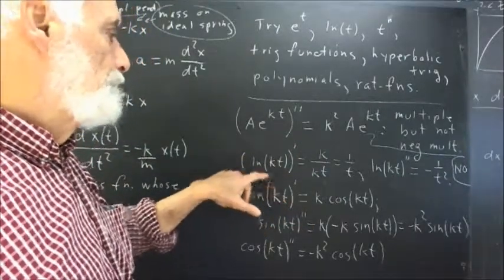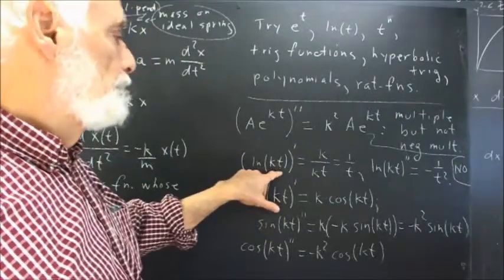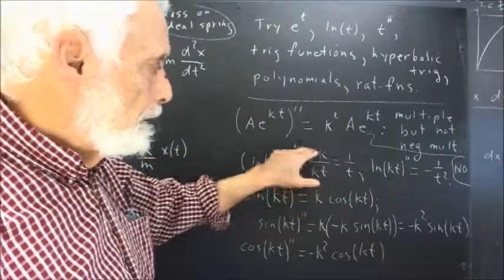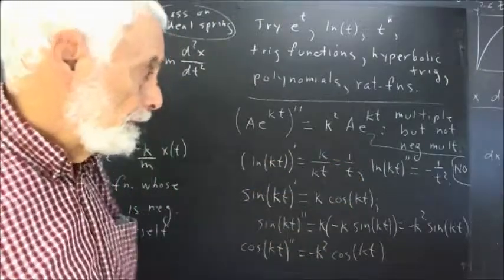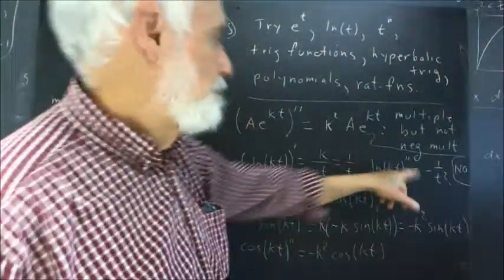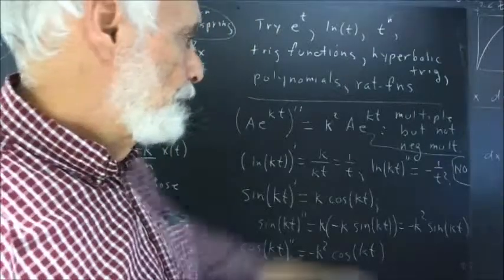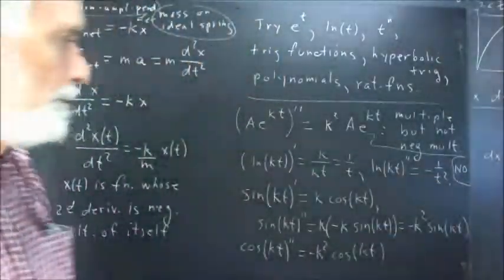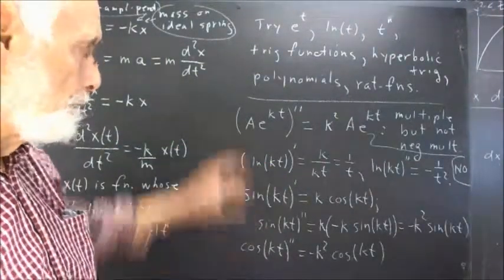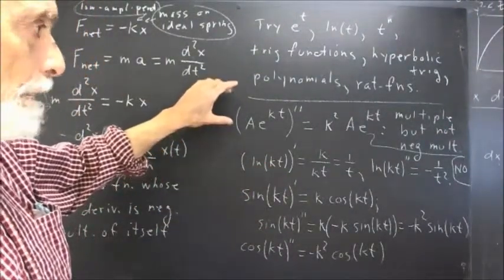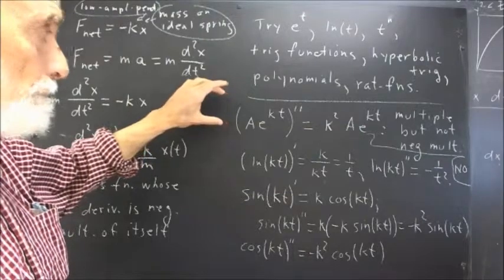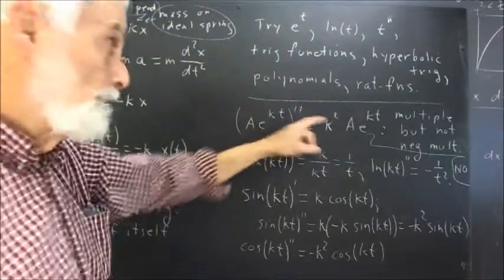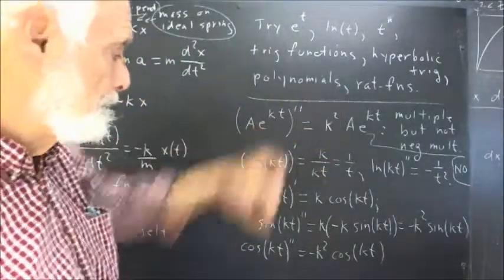So it's k times, that's the derivative of kt, which is k, times 1 over the quantity kt, and the k's divide out, you still get 1 over t. Okay, and the second derivative would be negative 1 over t squared, so this is not even close. This second derivative is not even a multiple of the original function, as was the case where the exponential function, the derivative, was a multiple of the function. It just wasn't a negative multiple, again, unless k happens to be imaginary.